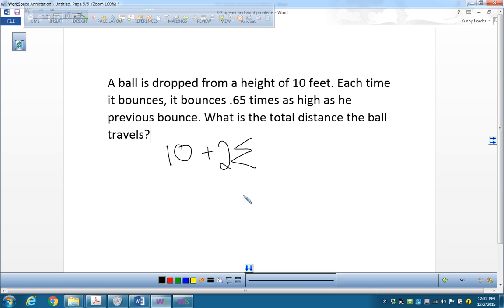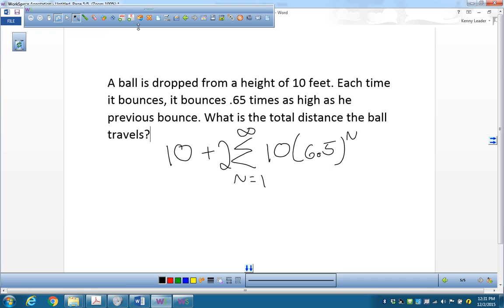And it's going to go from n equals 1 to infinity of 10 times 0.65 raised to the n power. Do you guys see that? I mean 0.65, sorry. 0.65.